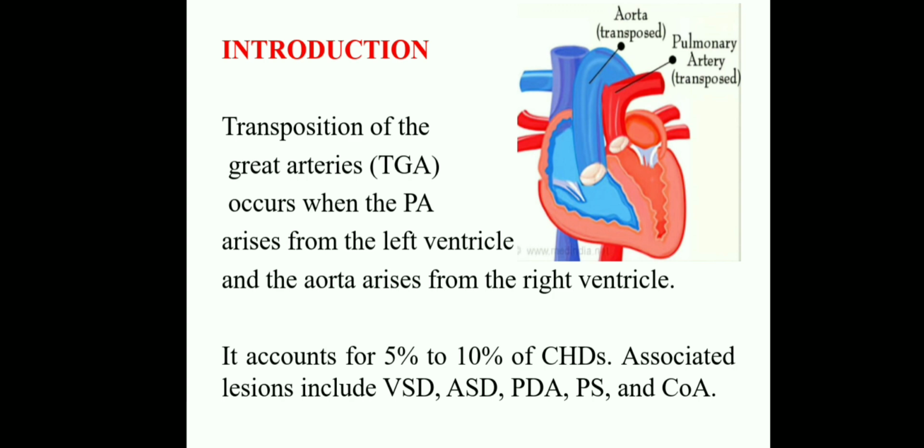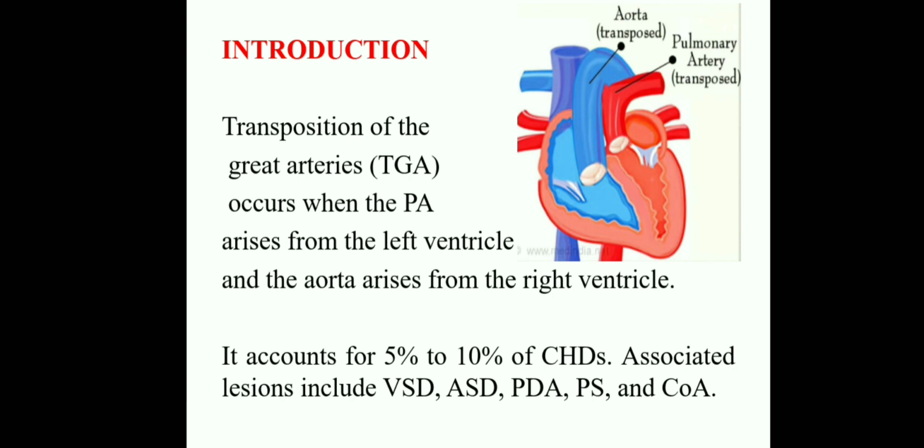It accounts for 5 to 10% of congenital heart diseases, and associated lesions include VSD, ventricular septal defects, ASD, atrial septal defects, PDA, patent ductus arteriosus, pulmonary stenosis, and COA, coarctation of aorta.